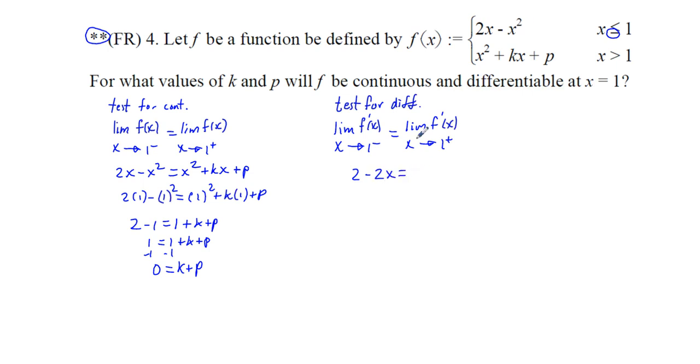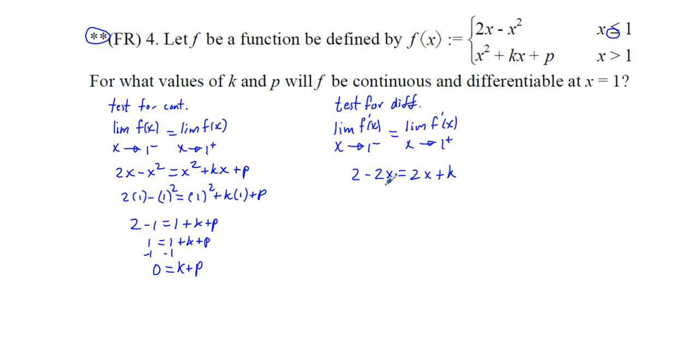And on the right side, we have 2x, and then the derivative of kx is simply k, and the derivative of p is 0.